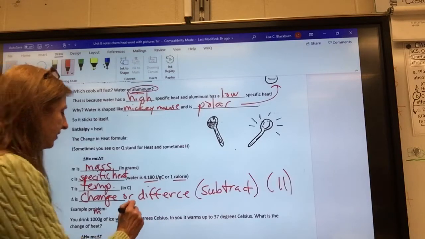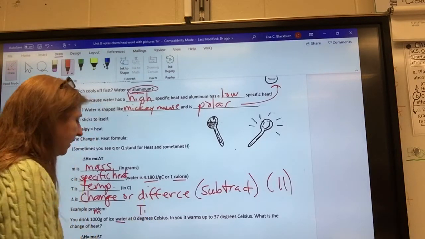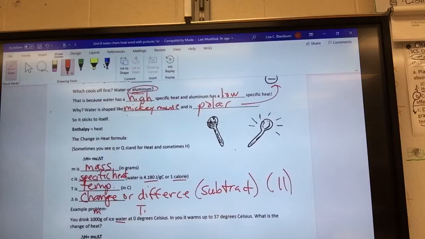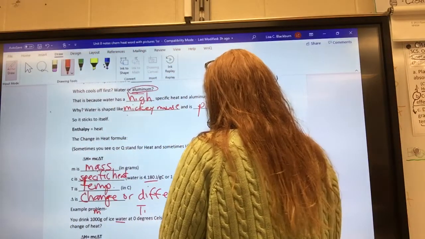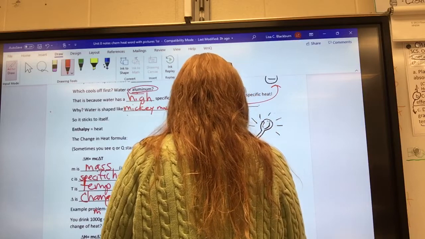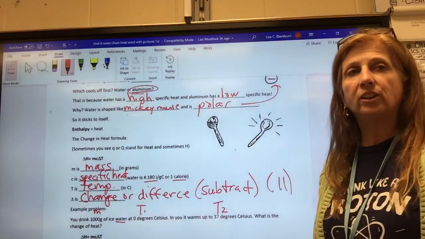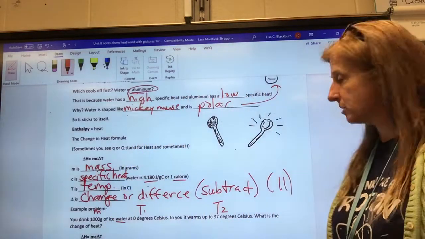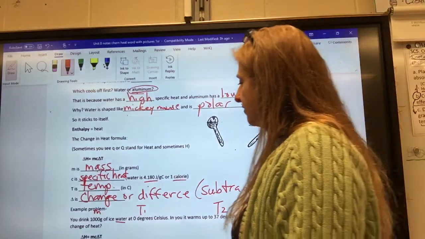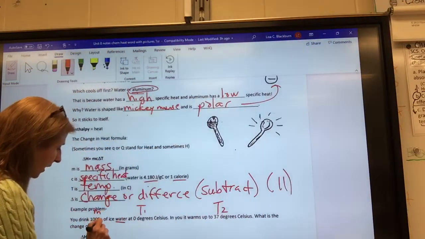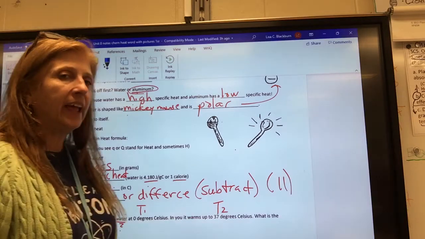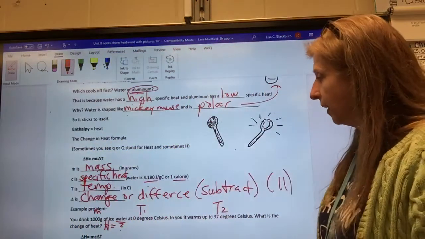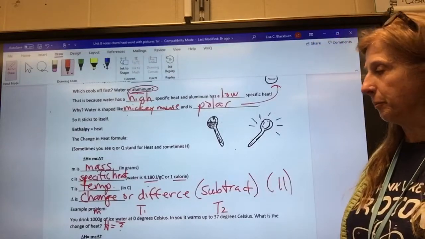At 0 degrees Celsius, this is T sub 1, the first temperature. It warms up inside of you to 37 degrees. That's temperature 2. You write 1 and 2 as subscripts, not superscripts. What is the change of heat? So this is what I don't know, so I write H equals question mark. Now I've got everything that's important there, and I'm ready to do the problem.